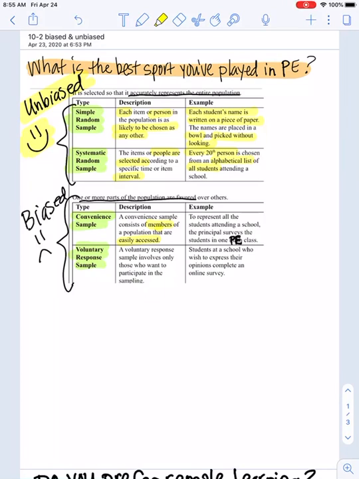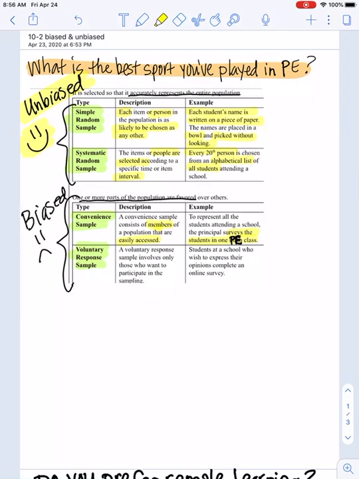So an example of this would be that Miss Wilson just surveys the students in one PE class. So let's say she just says, oh, I'm going to just survey Mrs. Kern's second period PE class. Okay, so that would be a convenient sample because she's just going to one group of people. And that is biased because not everybody has a chance to participate.